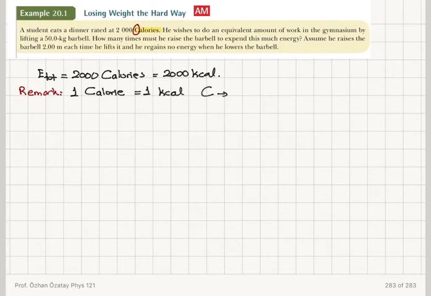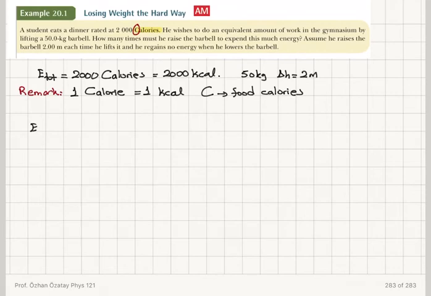So capital C is reserved for food calories. Now we find that we want to expend 2000 food calories. We have a 50 kilogram barbell, and the height that we are lifting it to is 2 meters.